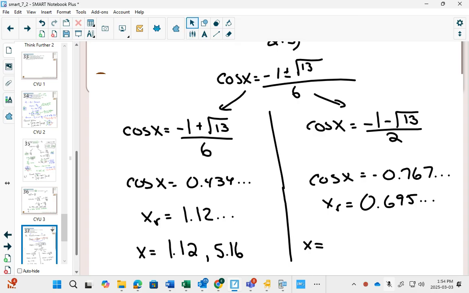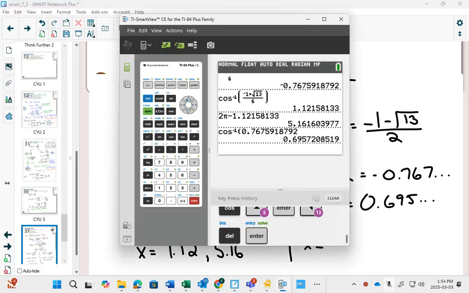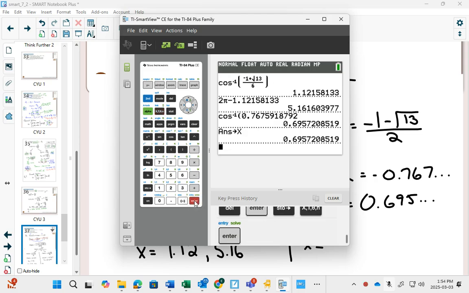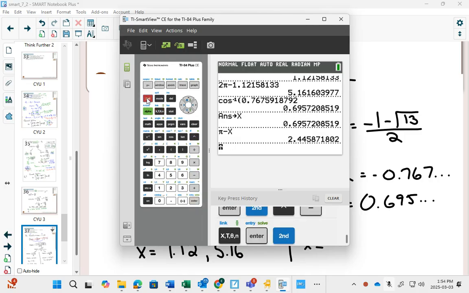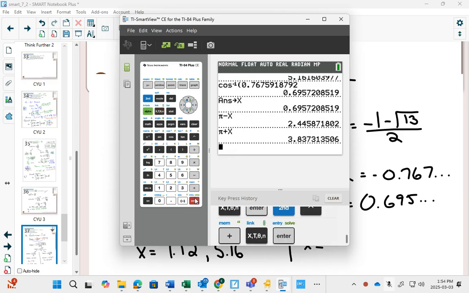And this time, since cos is negative, we're looking in quadrant 2 and quadrant 3. So I like to use my store button, so I can store my reference angle as x. That way it's quick to find quadrant 2, pi minus x, and quick to find quadrant 3, pi plus x. 2.45 and 3.84.